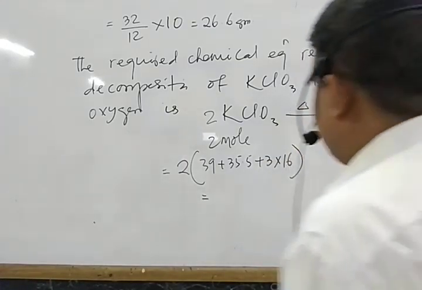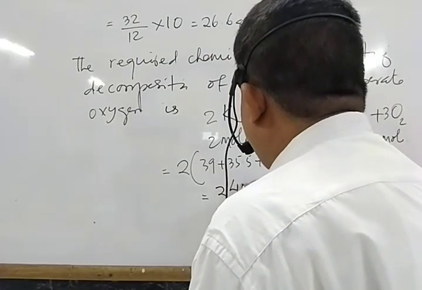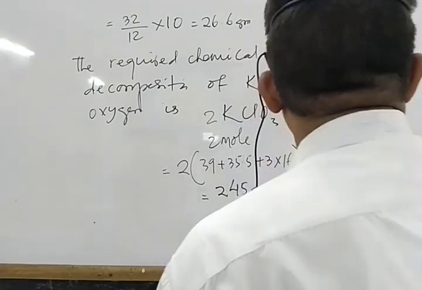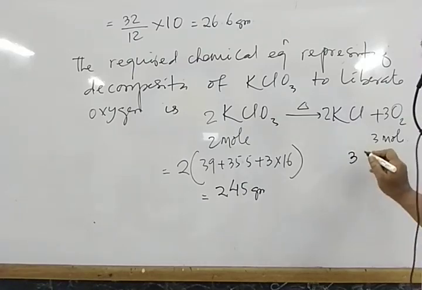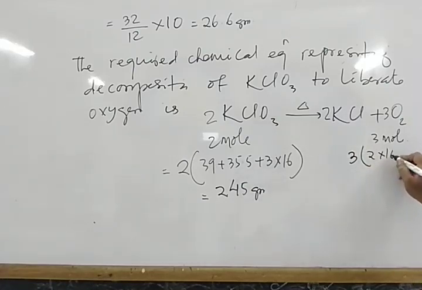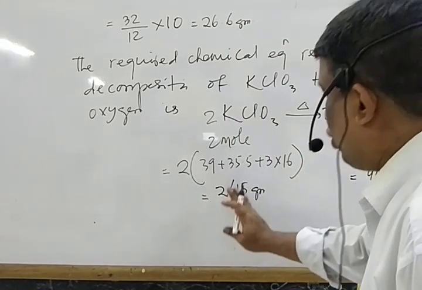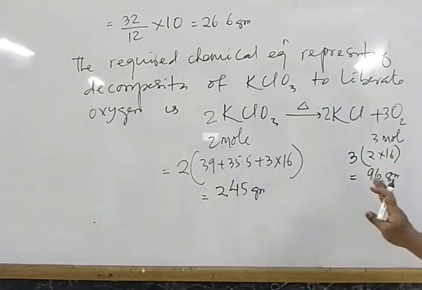On solving, this value is nearly equal to 245 gram. The mass of one oxygen is 16, so on solving, this is nearly equal to 96 gram. That means decomposition of 245 gram of potassium chloride liberates 96 gram of oxygen.